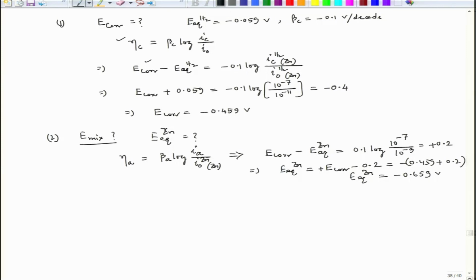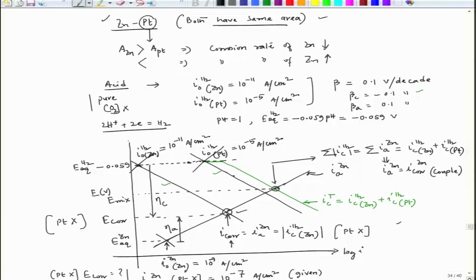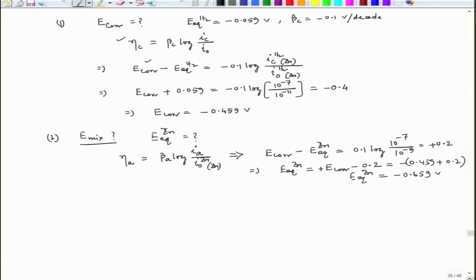Now, interestingly, we have to find this point, that means E mix. So, if we see E mix, let us say some value.